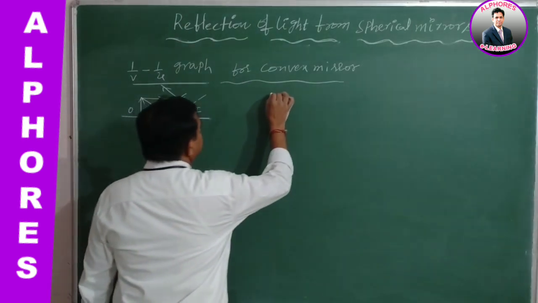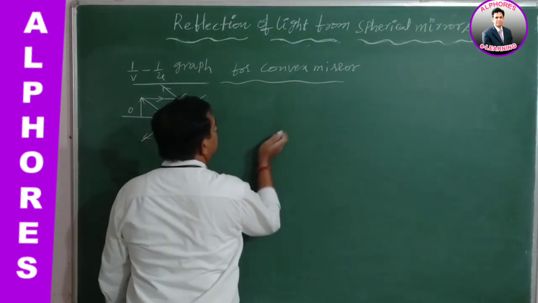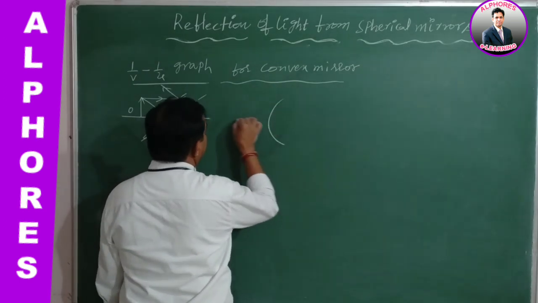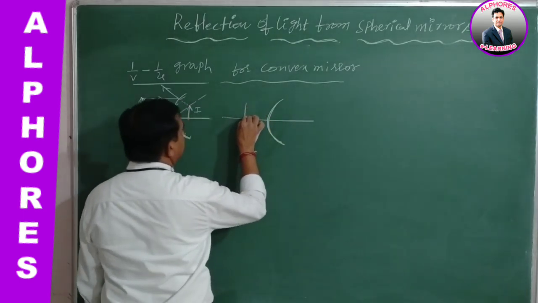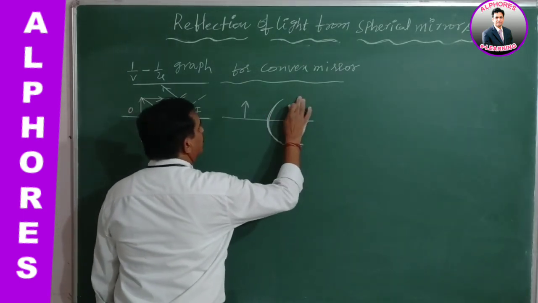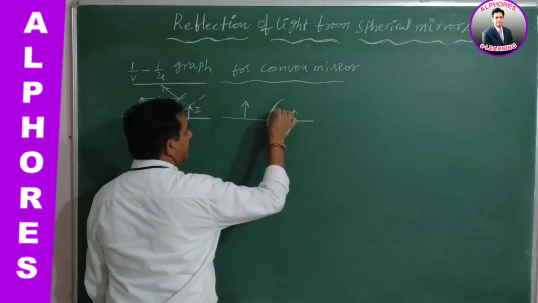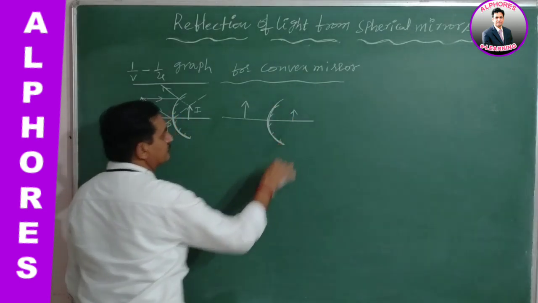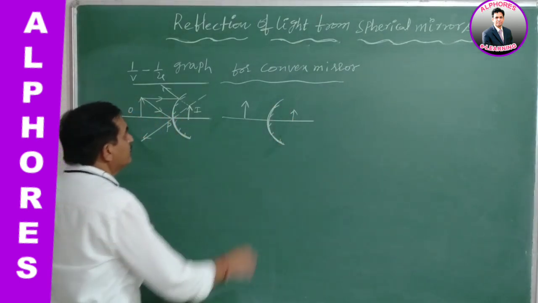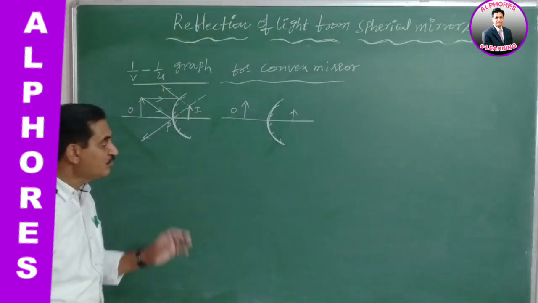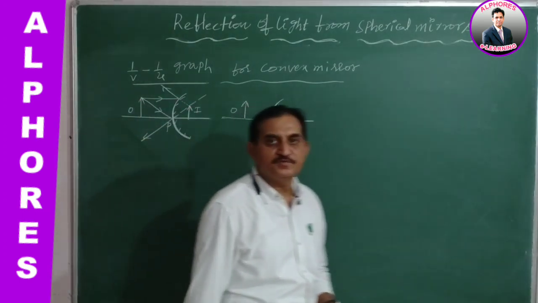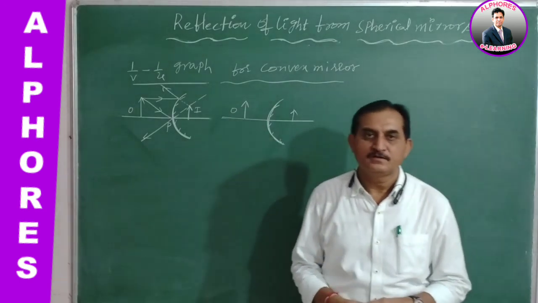but the simple diagram: this is the convex mirror, the object is kept here, so a virtual image is formed here. For a real object, there is no question of another kind of image formed by a convex mirror.